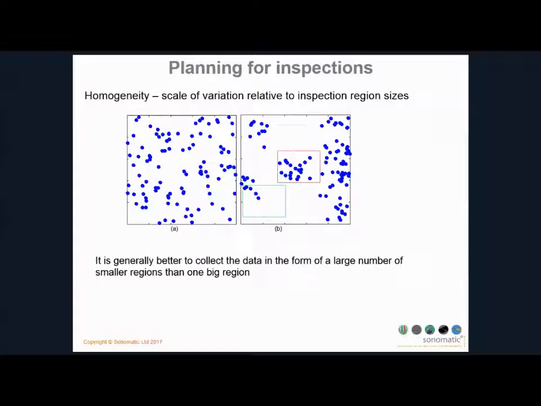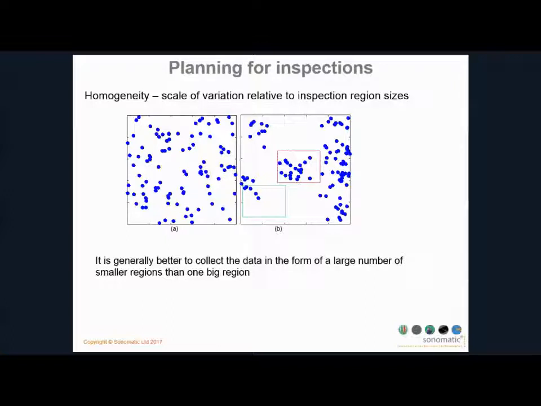So the scale of that variation is also important with respect to the inspection region sizes, and that's illustrated here. We have two situations where we've got the same density, in other words, the same number of corrosion points in both of the graphics, but the one on the left is more homogeneous within a certain area.